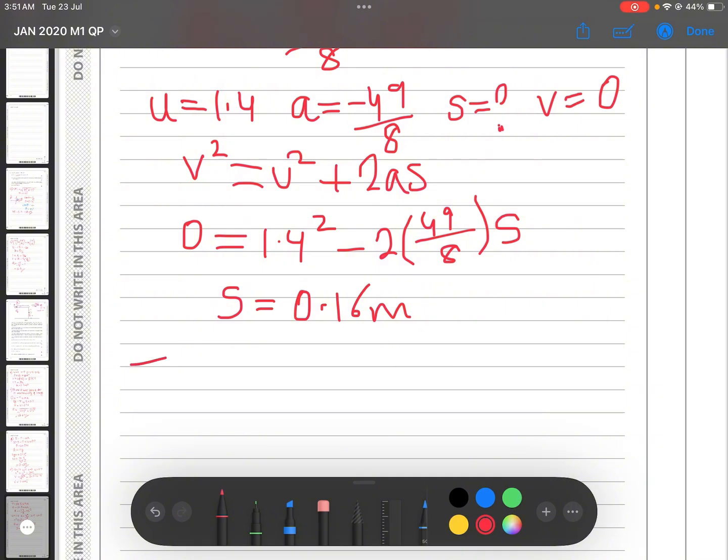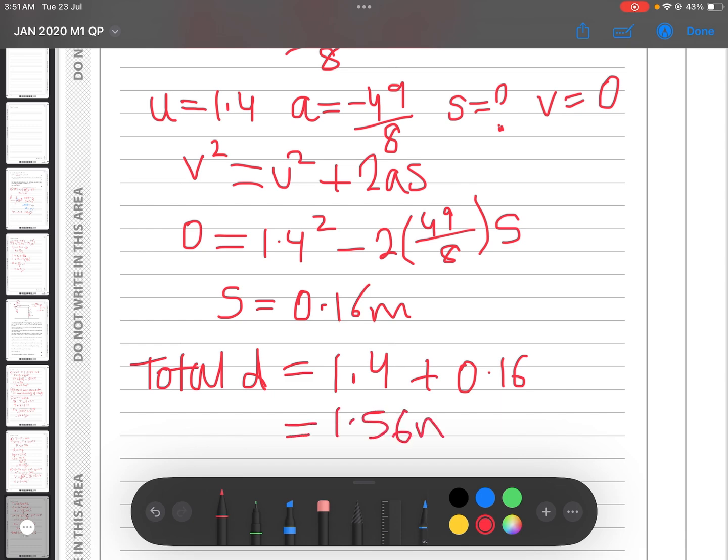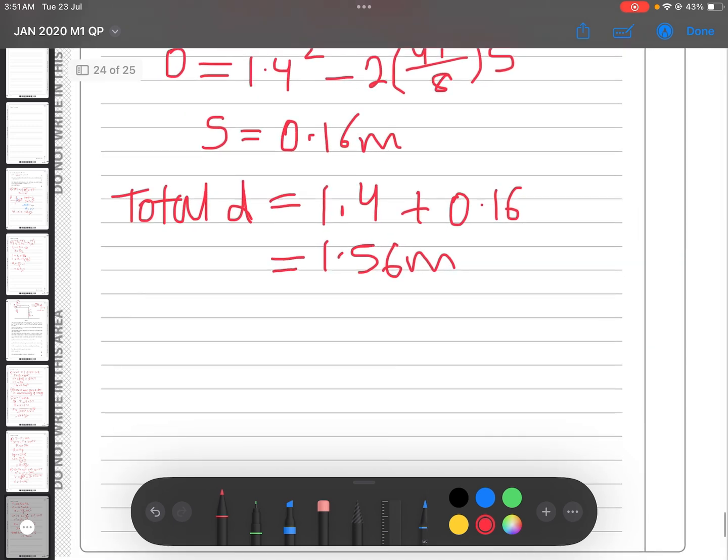So the total distance traveled by A is going to be the 1.4 meter that it traveled at the beginning, which is equal to the distance ball B travels while falling down, plus the 0.16, which is the jerk distance, that is equal to 1.56 meter, which is smaller than 2 meter, the distance between ball A and the pulley.